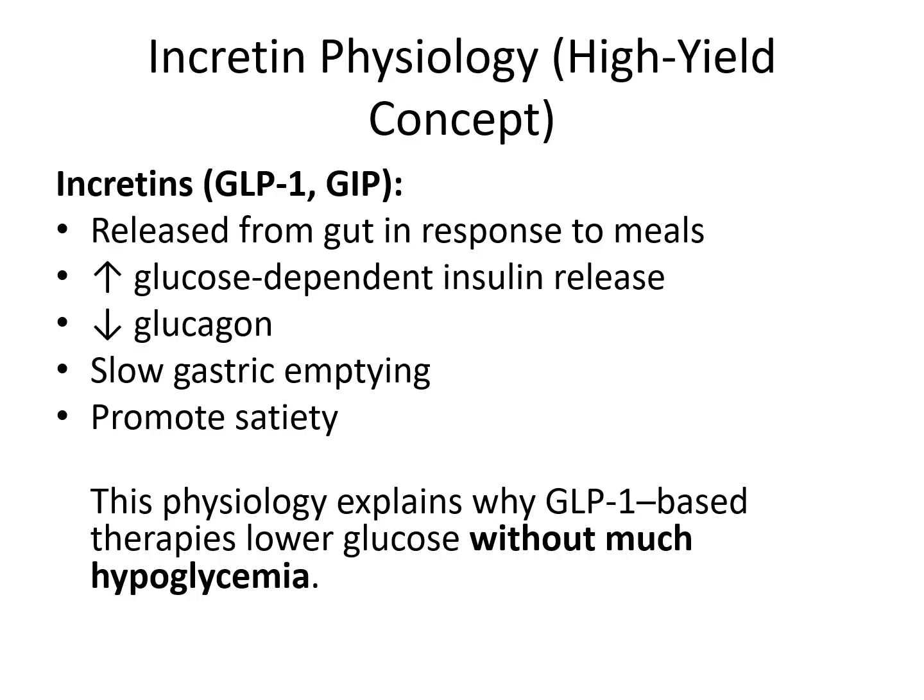So this physiology explains why the GLP-1 based therapies lower glucose with relatively low hypoglycemic risk, because insulin release is glucose dependent. If glucose is normal, insulin secretion is not stimulated. The phrase glucose dependent should immediately signal lower hypoglycemia risk compared to, for example, your sulfonylureas.